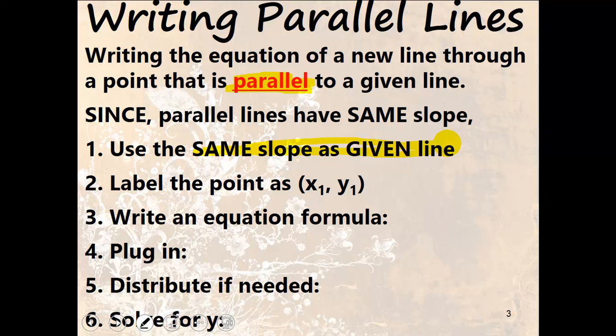But once we figure out the slope of that given line, then we use it to write a line that goes through a different point. We're going to label that different point x1, y1. We're going to write an equation. Depending on the point that they give us, we could use point-slope form, or we might be able to use slope-intercept form. We're going to plug in, distribute when we need it, and then we're going to solve for y.